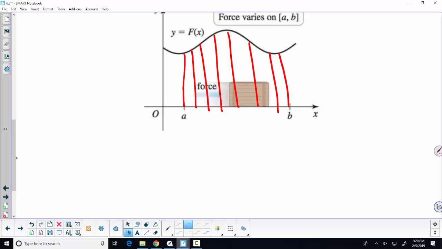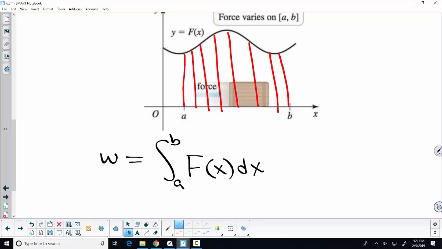So we've got a varying force, and to compute the work done from a to b, we take the force function, and dx is just the tiny little distance that force is moved across. So work is force times distance: slice and sum, infinite sum, gives us our integral.